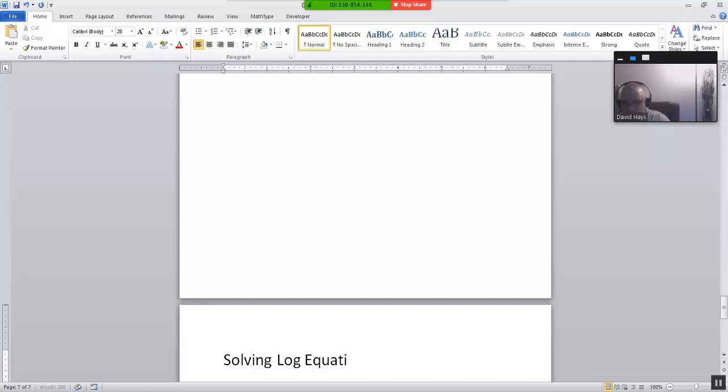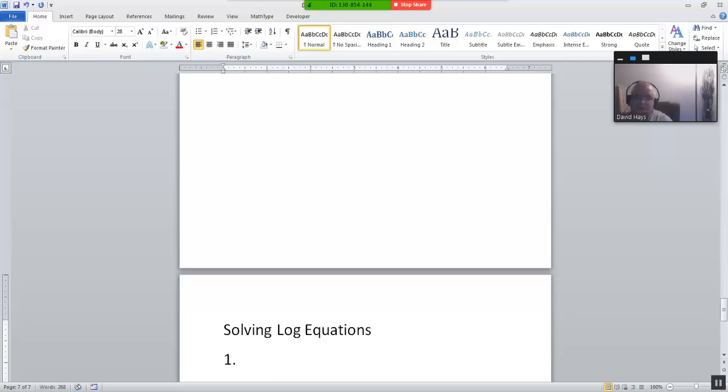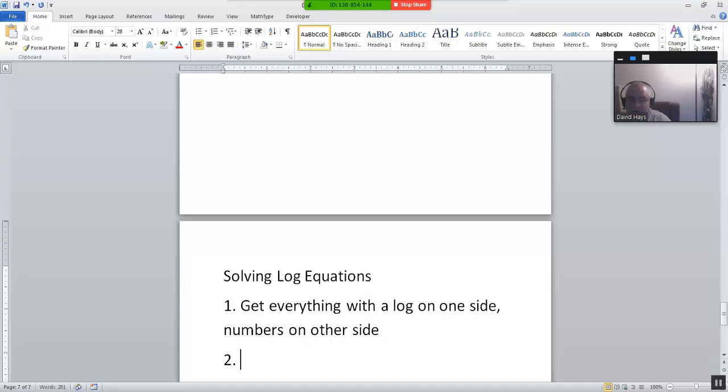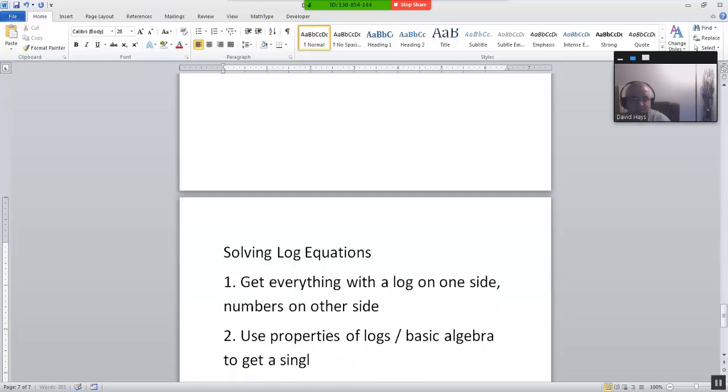Solving log equations. Our first step is to get everything with a log on one side, numbers or constant terms on the other side. Step 2, use properties of logs and basic algebra to get a single log.